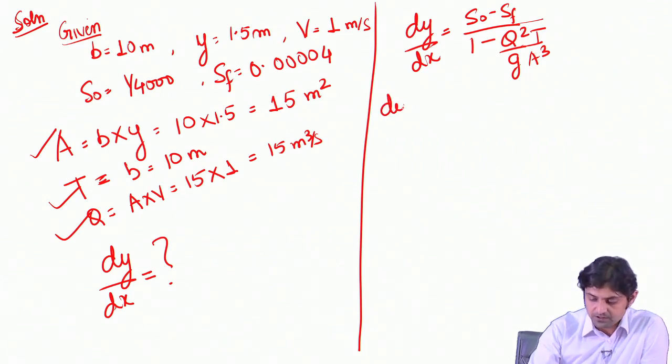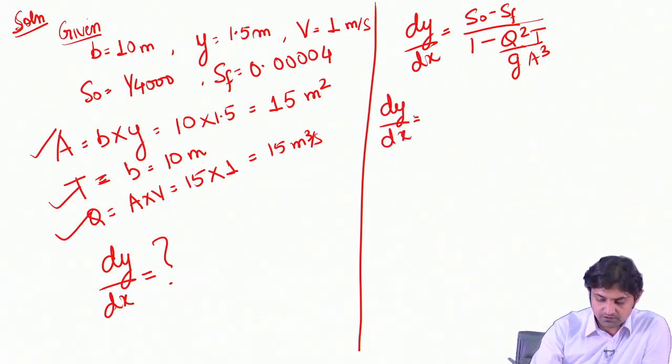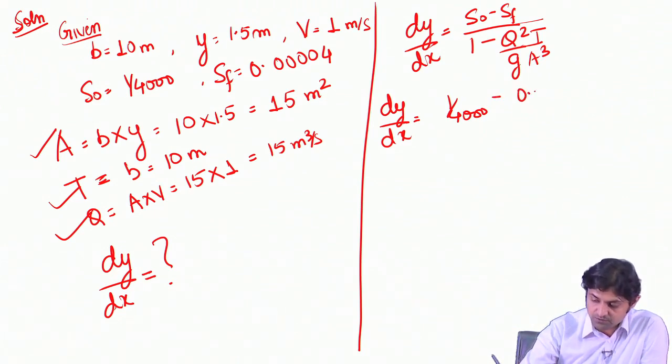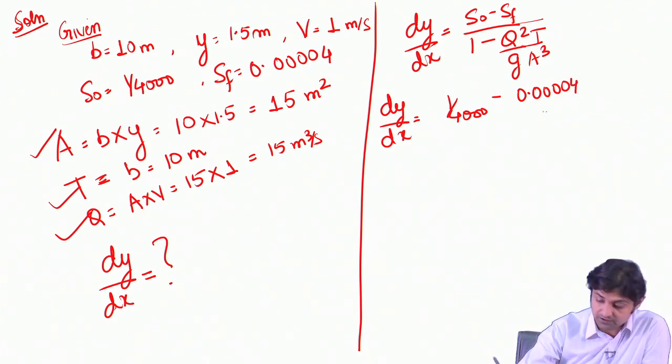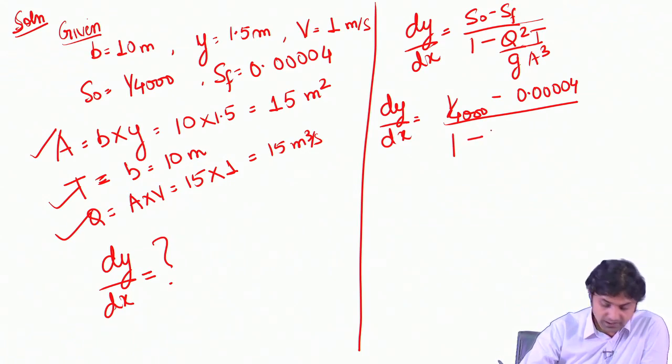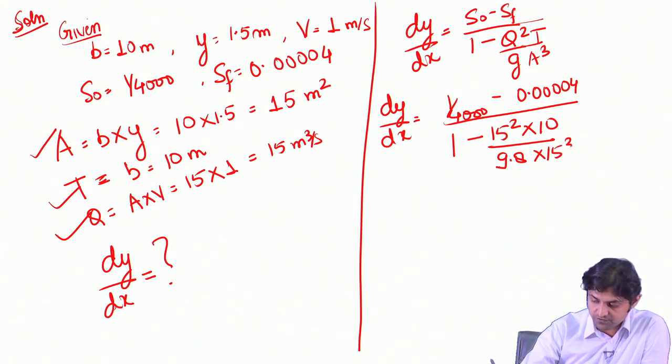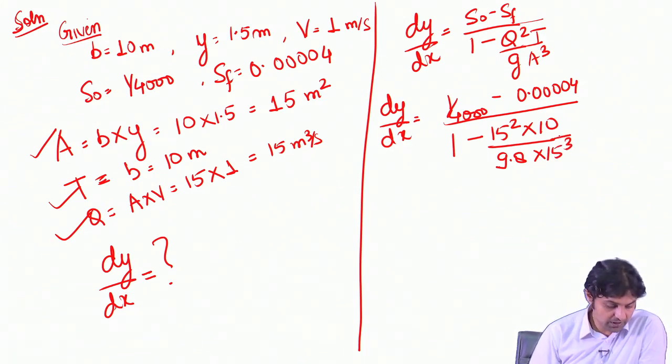So dy by dx is going to be S naught, 1 by 4000, minus SF, 0.00004, over 1 minus 15 square into T, 10, divided by G, 9.8, into A cube, 15 cube.